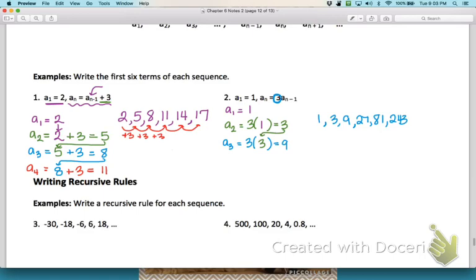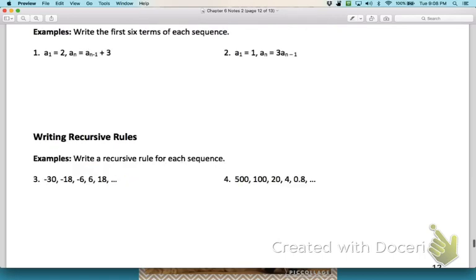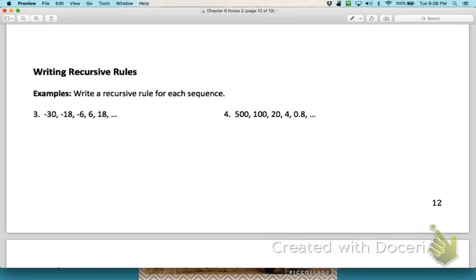So the last thing that we're going to look at here is how to write a recursive rule. And these are actually really easy to write, okay? The first thing we have to decide is, is it arithmetic or is it geometric? I've scrolled off the page, but you have the box up above you that says for arithmetic, the rule is going to be like this.